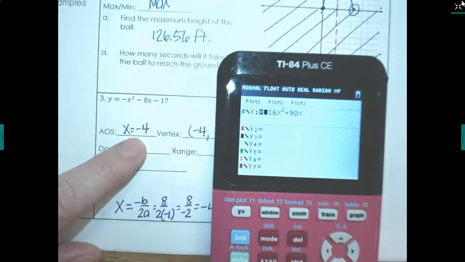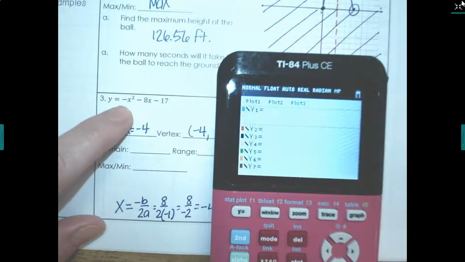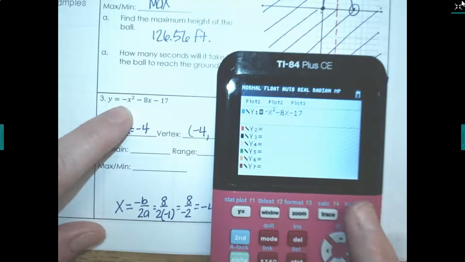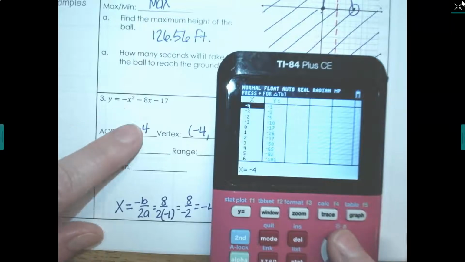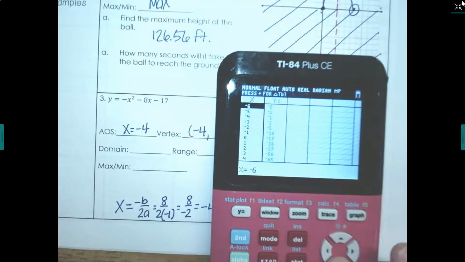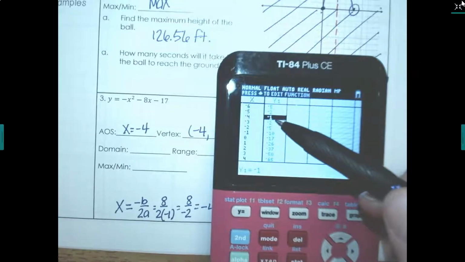So go into y equals, clear out anything that's in there, and I have -x² minus 8x minus 17. Okay, look at our table of values. And we have an x value of -4. So when I look, I see that my y value is -1.